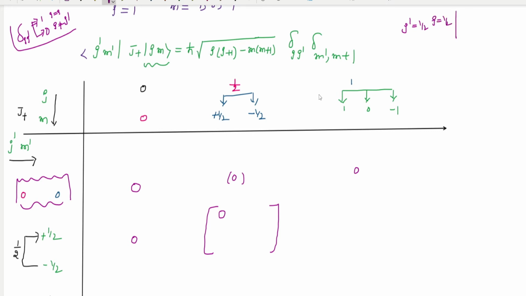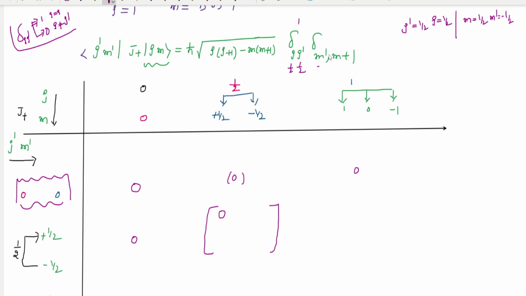And what is m value? M value equal to 1 divided by 2. M prime is equal to minus 1 divided by 2. Then we can check here, 1 divided by 2, 1 divided by 2. This one is 1, and this one is m prime equal to minus 1 divided by 2.